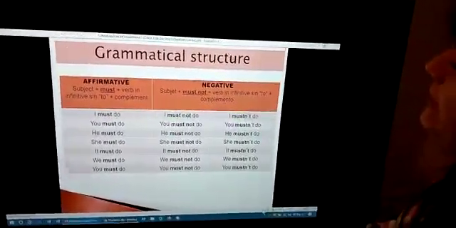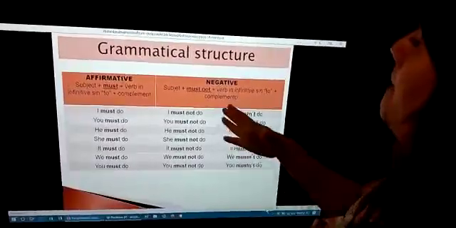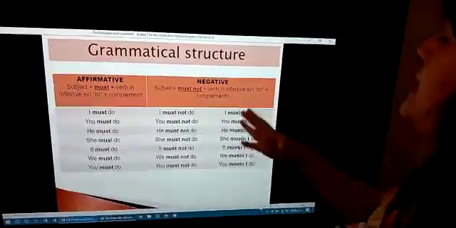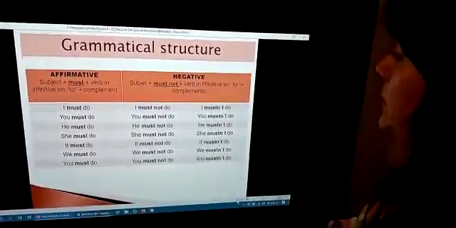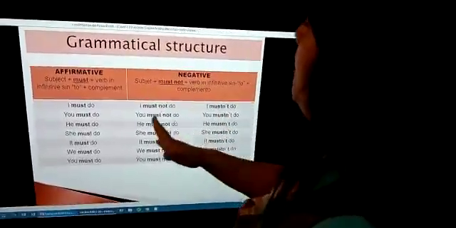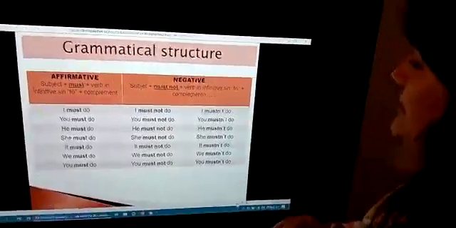And negative is subject, must not, plus verb in infinitive, plus complement. Okay? You use must not or mustn't.